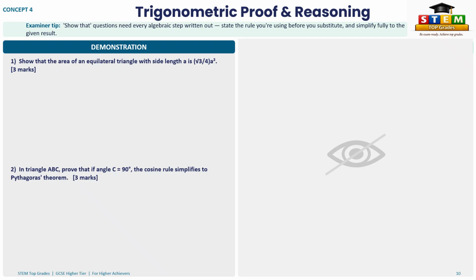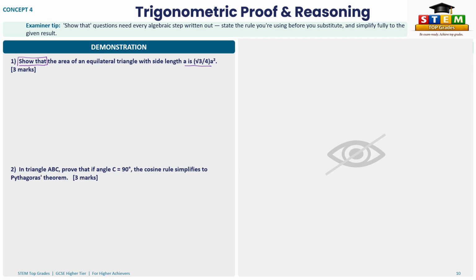So first of all, it's a show that question, meaning the proof needs to agree with what we've been given. What we have to prove here is that the area of the equilateral triangle is the expression that we have been provided with.